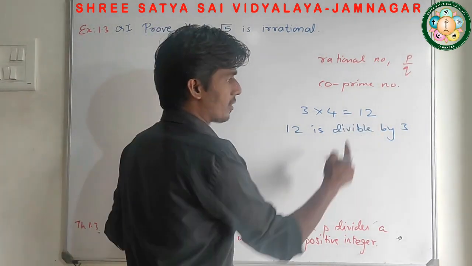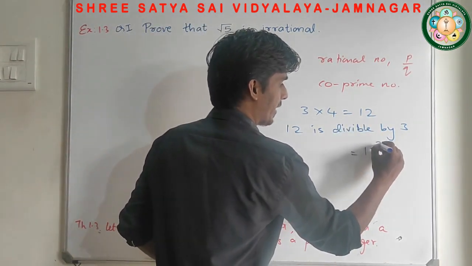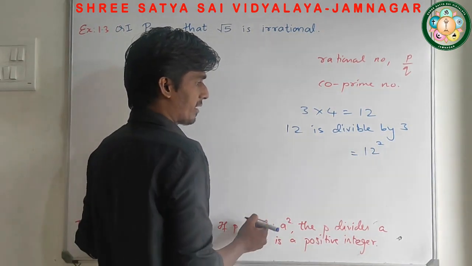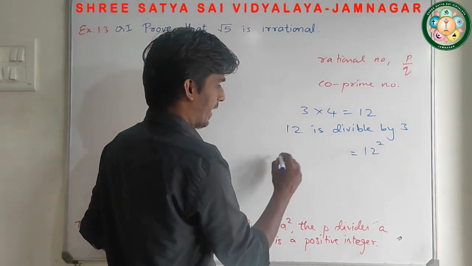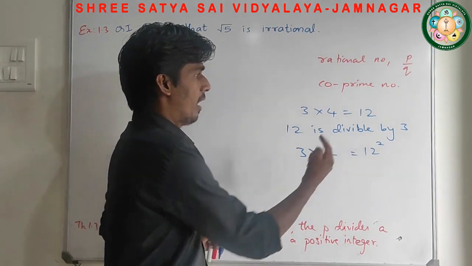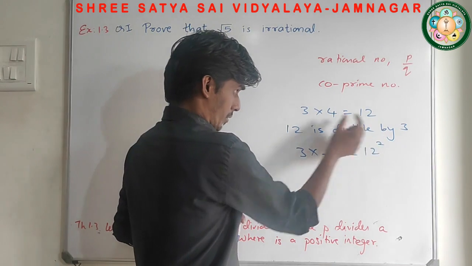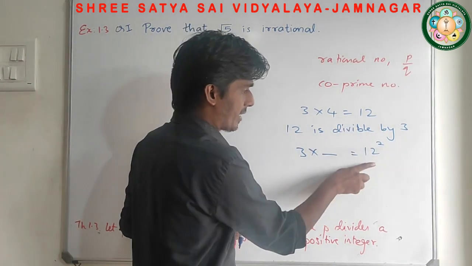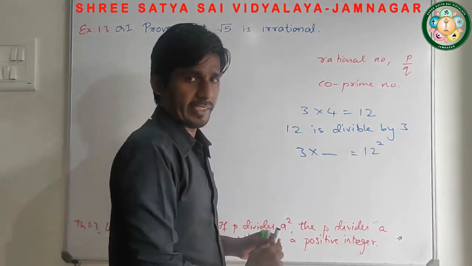Then if I take the square of 12, तो क्या हो जाएगा statement? Can I write here 3 into something is 12 square? अगर 3 is a factor of 12, तो 12 का square करेंगे तो भी क्या उसका factor रहेगा?